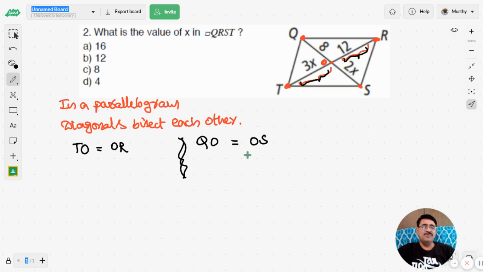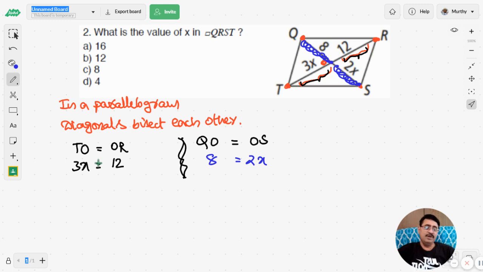Now just plug in these values. TO is 3x, and OR is 12. And next, what is QO? QO, please see, is 8, which equals OS, which is 2x.